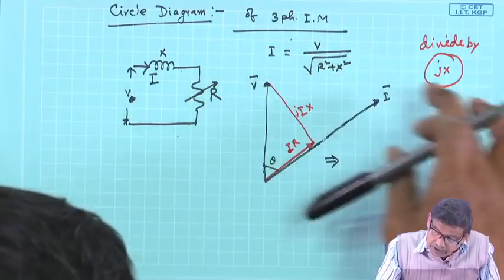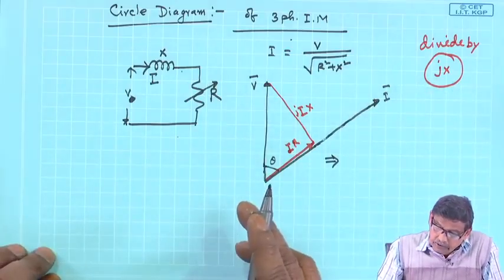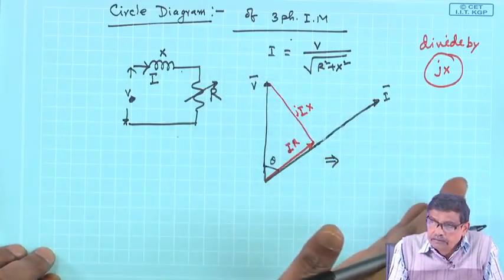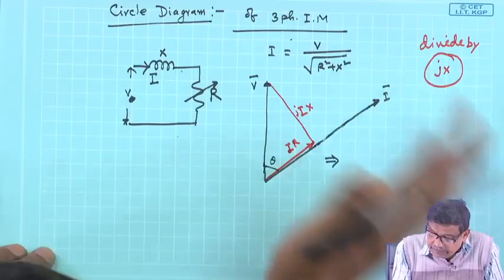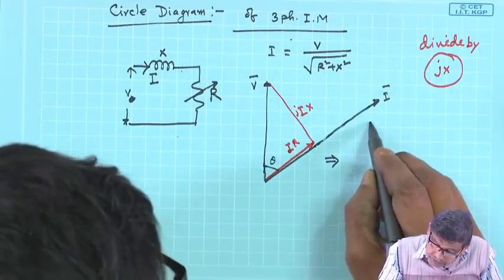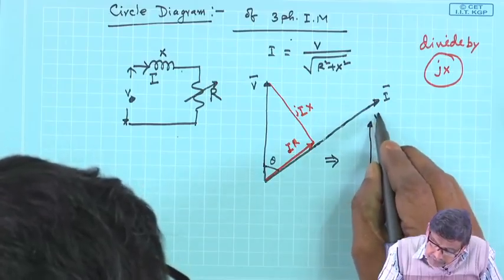This V, when you divide by jX, its length will be V by X and it will be rotated 90 degrees clockwise. So this was your original V, that I will draw, no doubt.